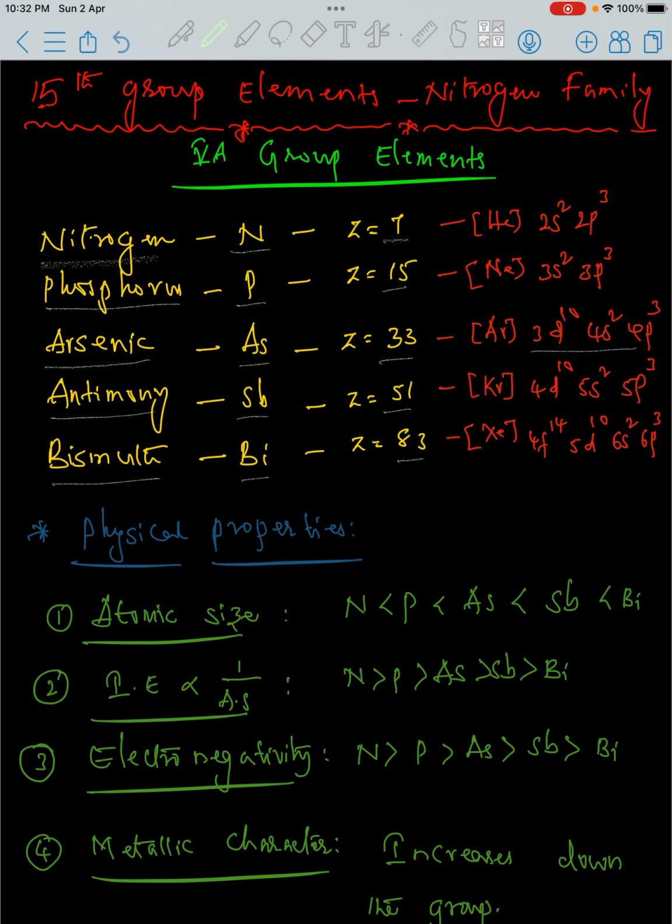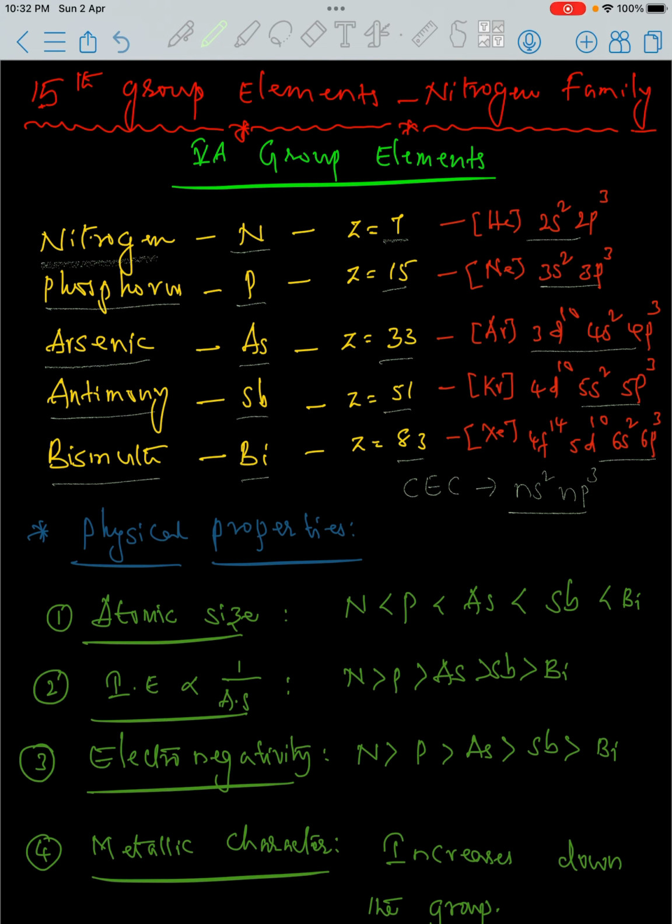If you observe all these electronic configurations, the common electronic configuration is ns2 np3. That means in the valence shell there are 5 electrons present.